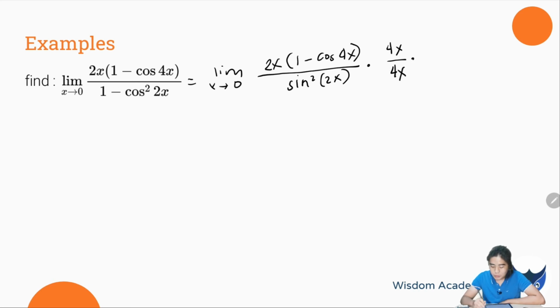Tapos, magmumultiply din tayo sa numerator by 2x since yung sa denominator natin, dalawa yung sine 2x since squared siya. So, dapat squared din yung 2x sa numerator natin. So, hiwalay natin sila.